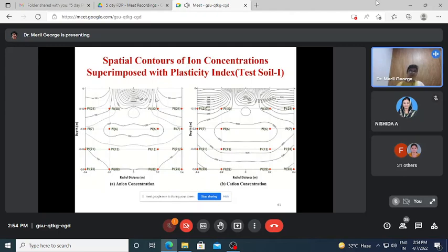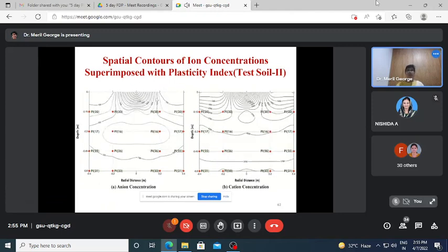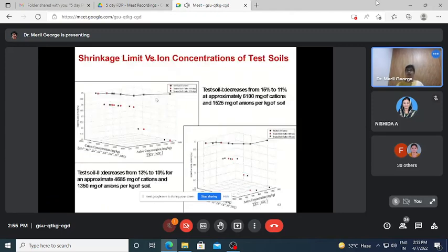Here also we can see that initially there is an increase in the plasticity index due to chemical concentration, and further increase in chemical concentration causes a gradual decrease in plasticity index of test soil. This is for test soil 2. This is for shrinkage limit. Shrinkage limit was observed to be decreased due to the chemical addition.